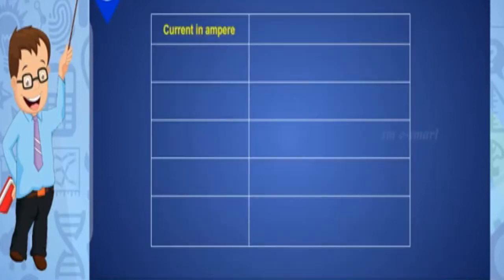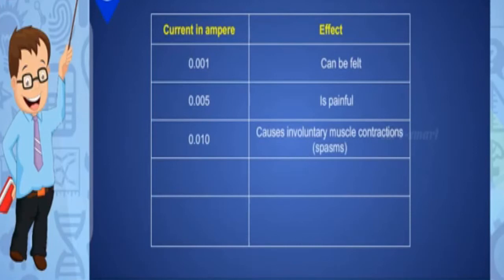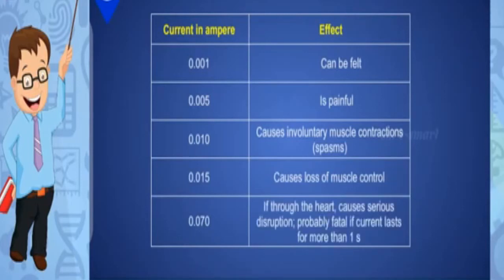Current in amperes, effect: 0.001 can be felt. 0.005 is painful. 0.010 causes involuntary muscle contractions called spasms. 0.015 causes loss of muscle control. 0.070, if through the heart, causes serious disruption, probably fatal if current lasts for more than 1 second.